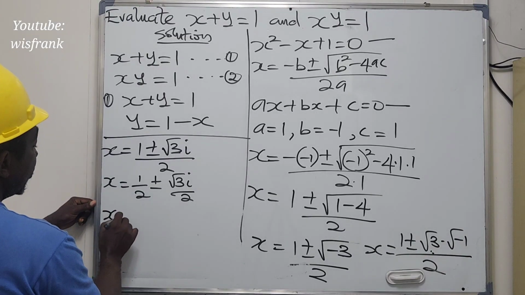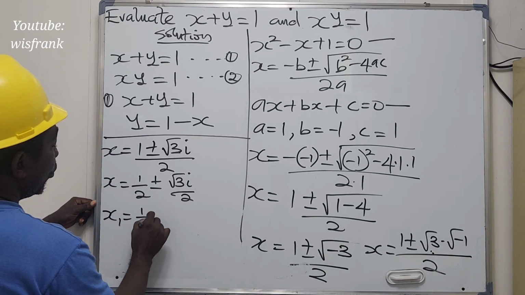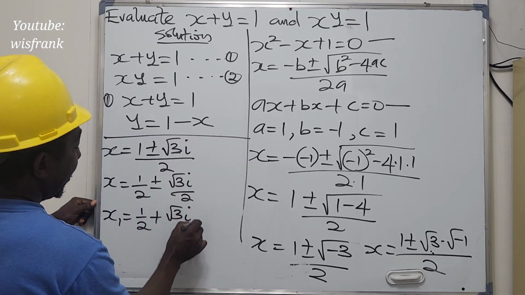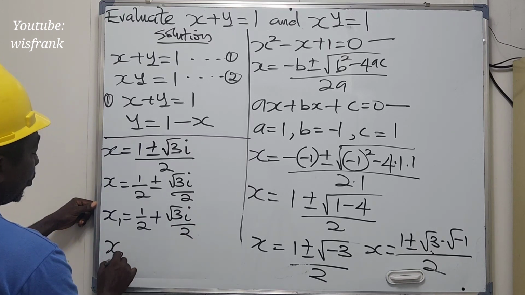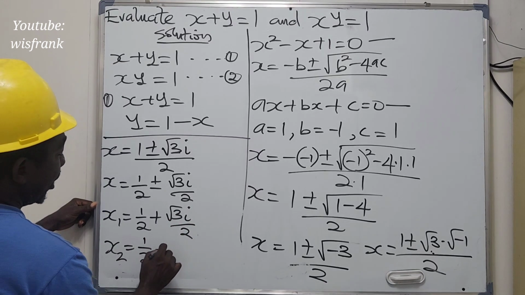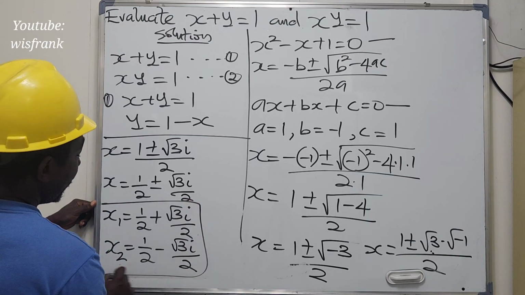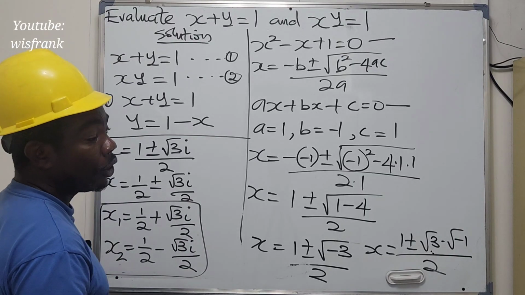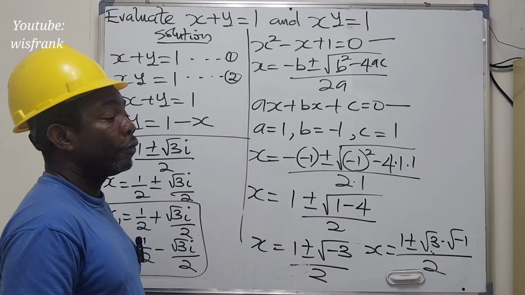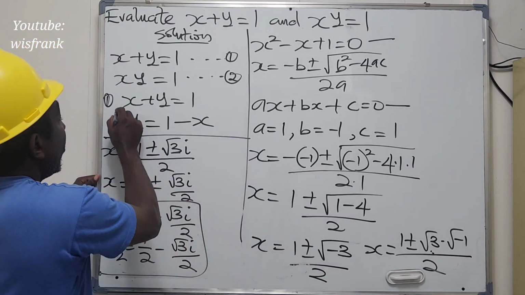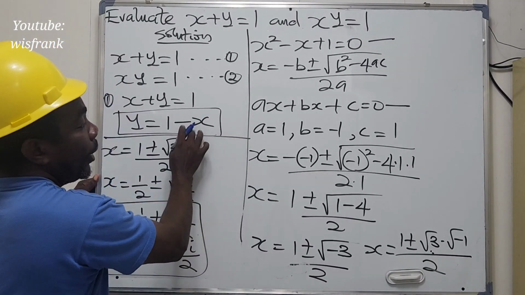So it's going to be x1 equals 1 over 2 plus root 3i over 2, or we have x2 as 1 over 2 minus root 3i over 2. So these are the two values of x that we have. But we need to find the value of y, where we have y equals 1 minus x.